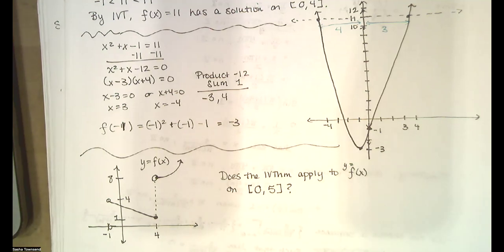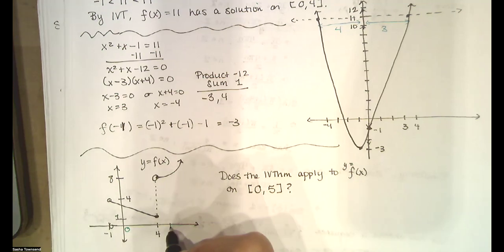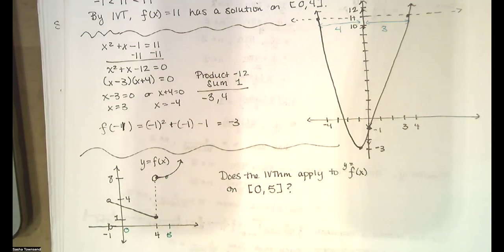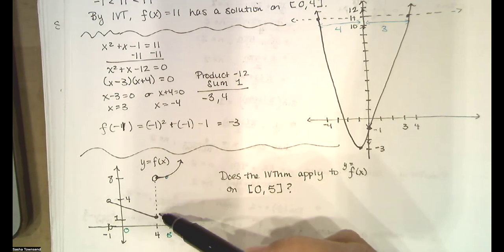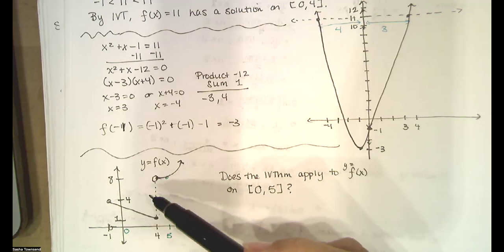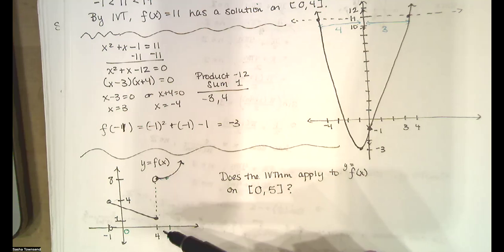And you probably say no, because x equals 0 is right here and x equals 5 is over here, and there's a gap. The function's not continuous. It's continuous on this interval and it's continuous on this interval, but it's not continuous at x equals 4.